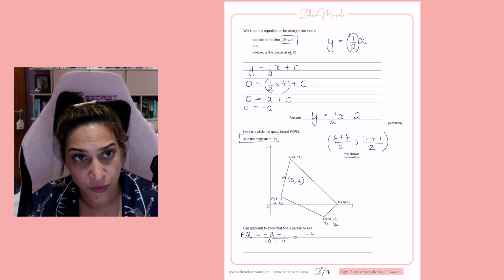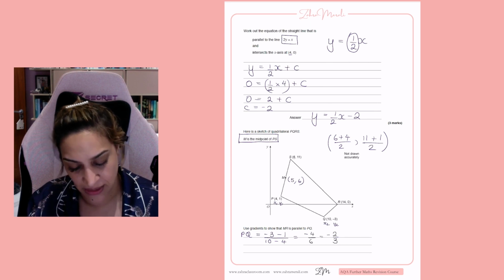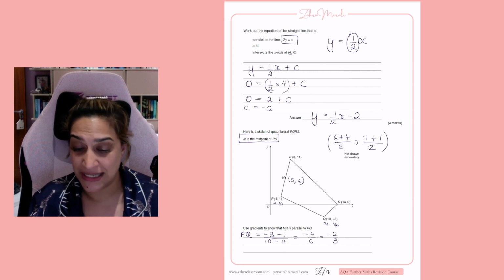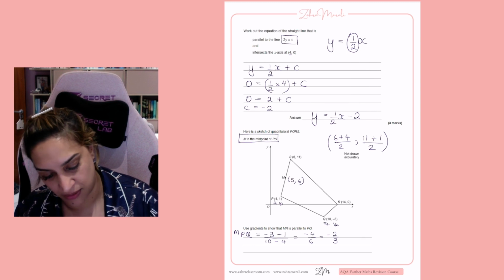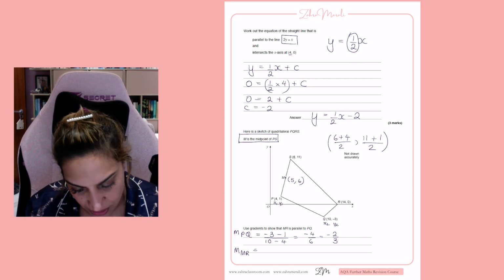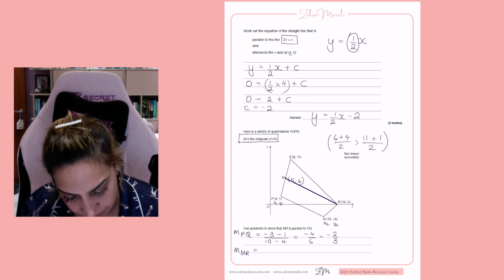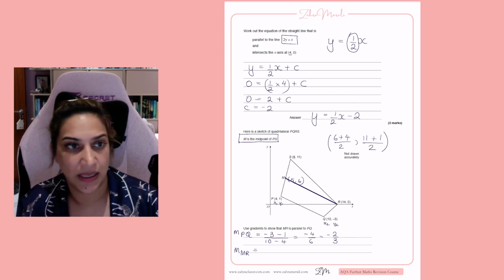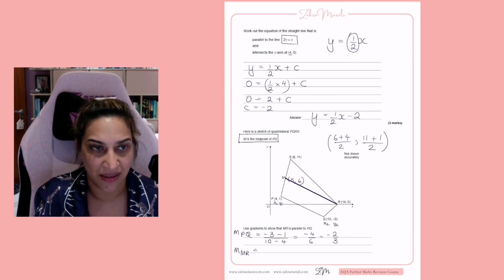I've got minus 4 over 6, which is minus 2 over 3. Okay, so that's the gradient of PQ. If I want, I could put an M here or even write gradient. And now I want a gradient of MR. So for M to R, I'm looking for this one here. Okay. And I'm going to do exactly the same thing, right?